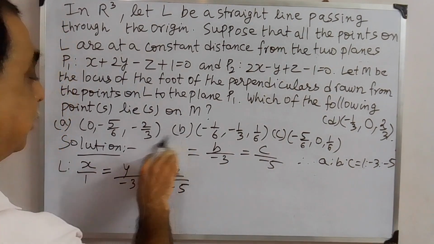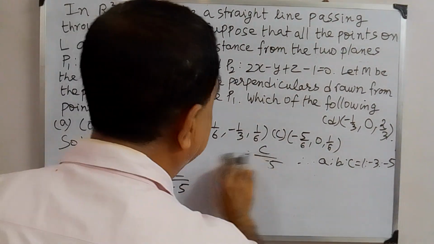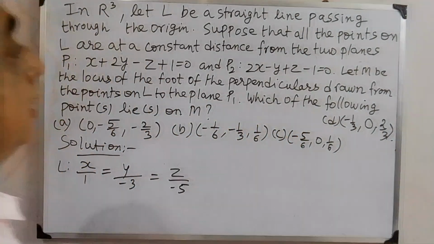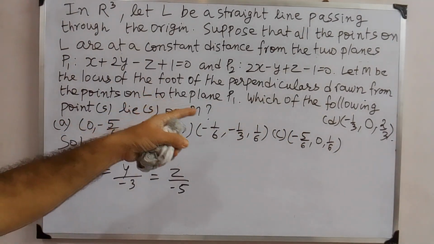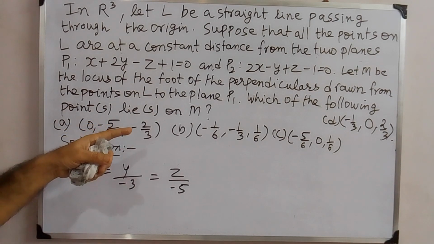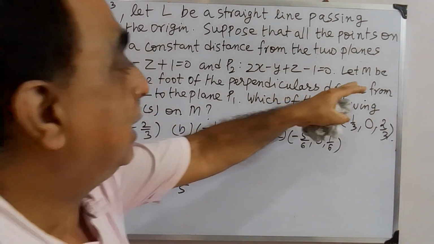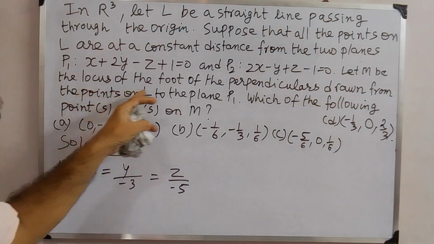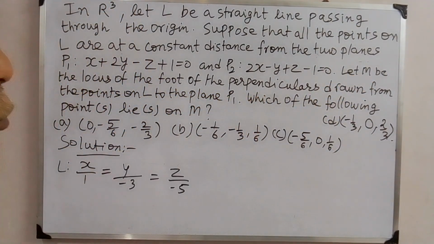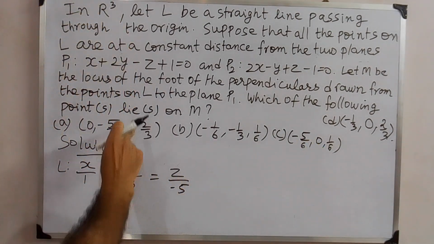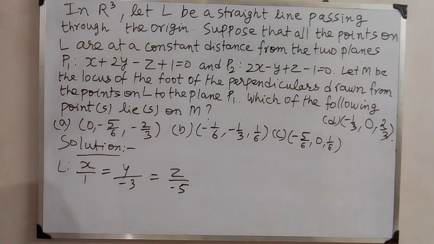Now see here. We have to find the locus of M, the foot of the perpendicular which is drawn from L onto P1.